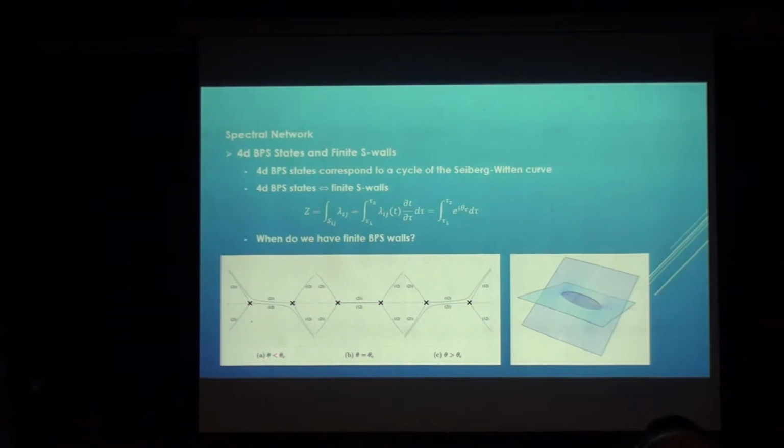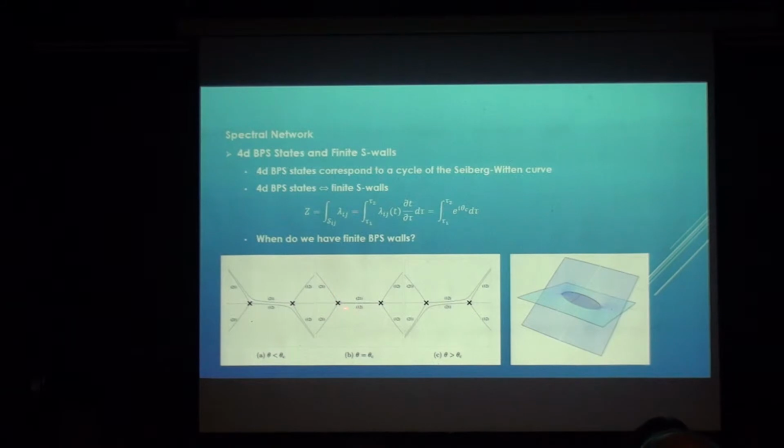For example, when theta is smaller than a certain angle, this S-wall extends to infinity. At the critical value these come closer, collide, and combine into one wall from one branch point to the other. If you go past the critical theta, the S-walls flow to infinity again.